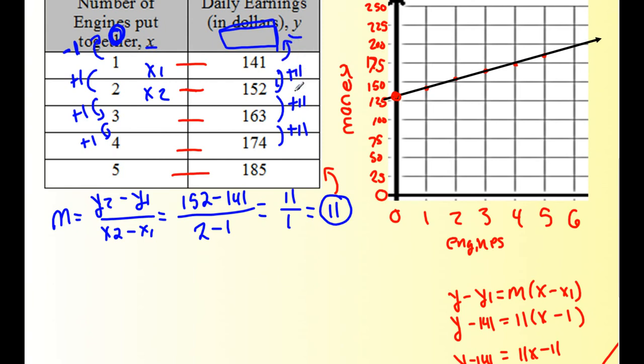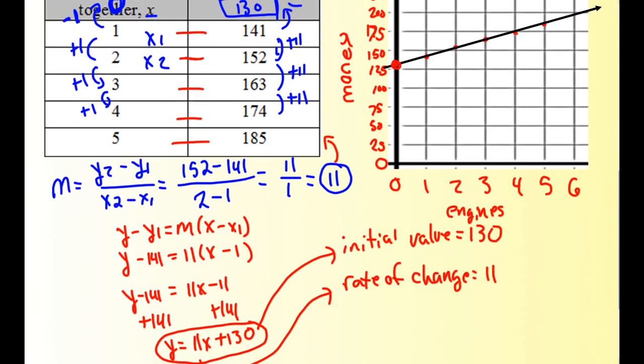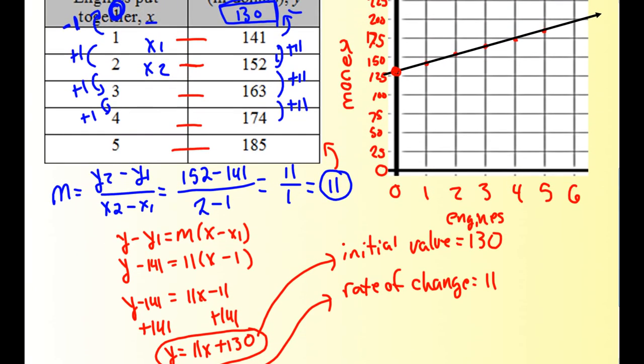Instead of adding 11, if you subtract 11, 141 minus 11 is 130. So that's just a slightly different method. Instead of the stuff that we did, it's a slightly different way of thinking about it, using the pattern that they give us to find when the x value is 0, to find the initial value of the problem.